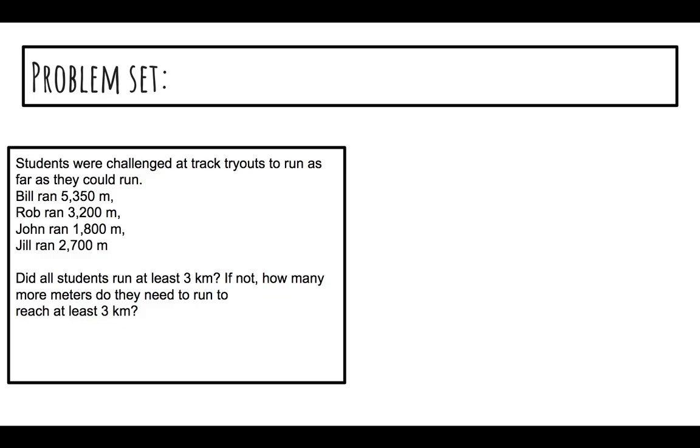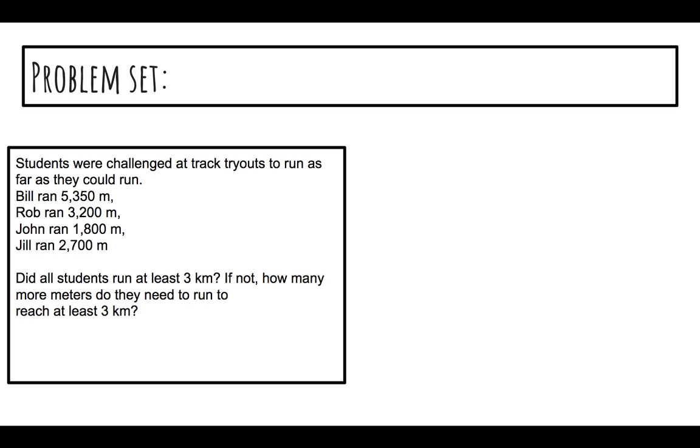So let's look at this problem set here. Students were challenged at track tryouts to run as far as they could. Bill ran 5,350 meters. Rob ran 3,200 meters.